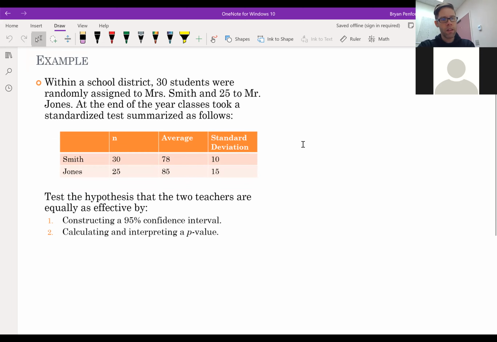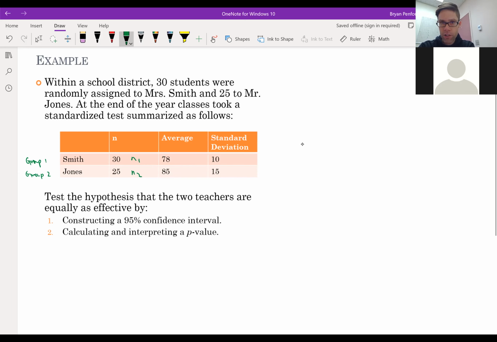Okay, so we're taking Smith as group 1. If I could spell group, that would be great. And Jones is group 2. So that means that 30 we're going to take as N1, 25 we'll take as N2. So these are the sample sizes that are associated with the two groups.